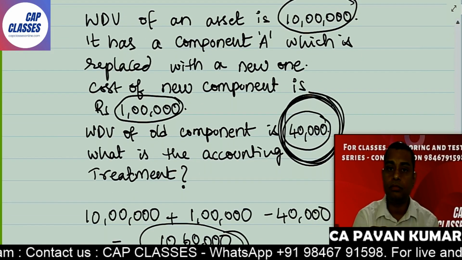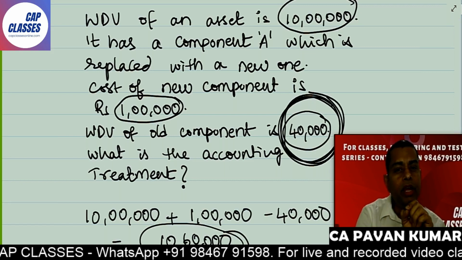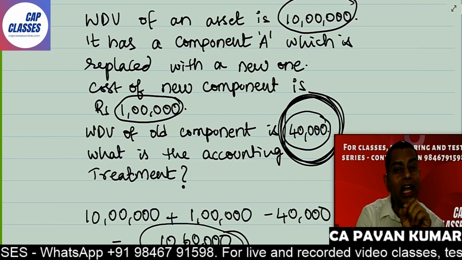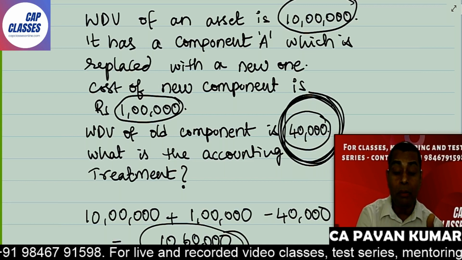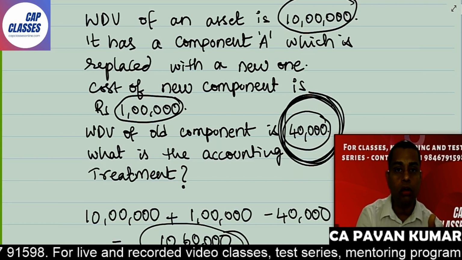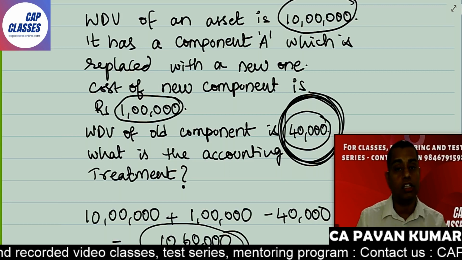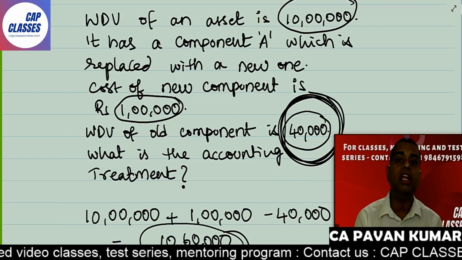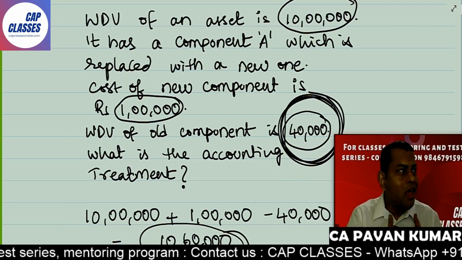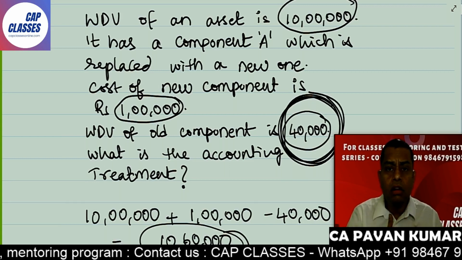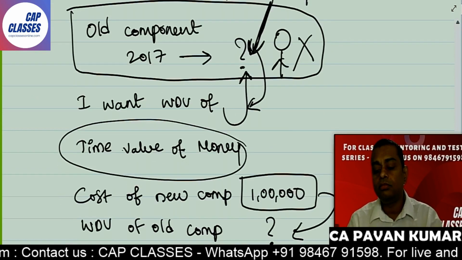Part B, they will ask if the company cannot extract the unamortized part of the old component from their books of account, considering an interest rate or cost of capital of 12%, what will be the revised cost of total machinery? Student will get heart attack. Sir, what are they talking? This is the answer.